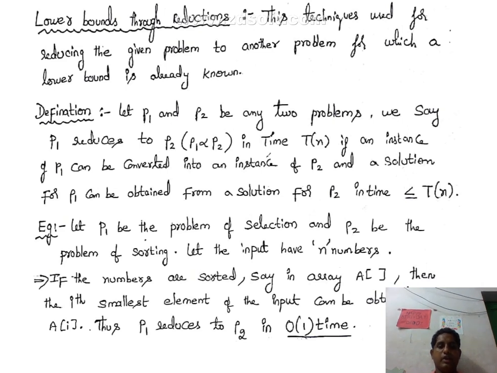Let P1 be selection and P2 be sorting. If the numbers are sorted in array A, then the ith smallest element can be obtained as A of i. That is, P1 reduces to P2 in big O of one time. Likewise, you have to perform the particular operations.